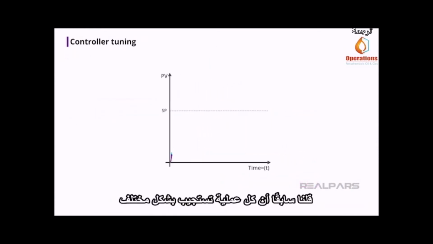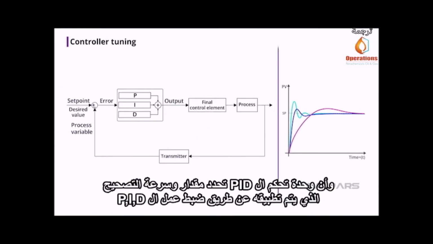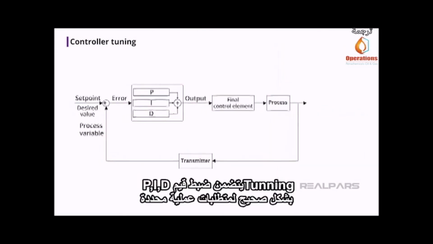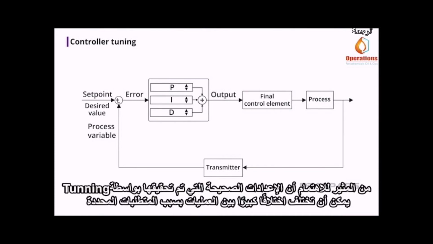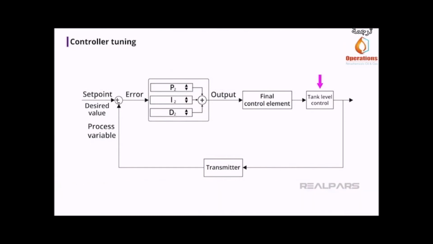We said earlier that every process responds differently and that the PID controller determines how much and how quickly correction is applied by adjusting proportional, integral, and derivative action. Controller tuning involves correctly setting the controller P, I, and D values for specific process requirements. Interestingly, the correct settings achieved by controller tuning can differ vastly between processes because of specific requirements.